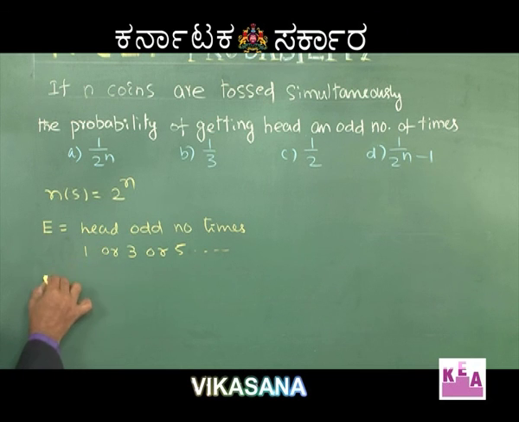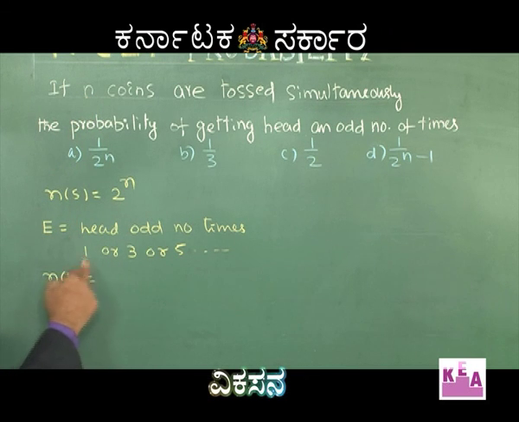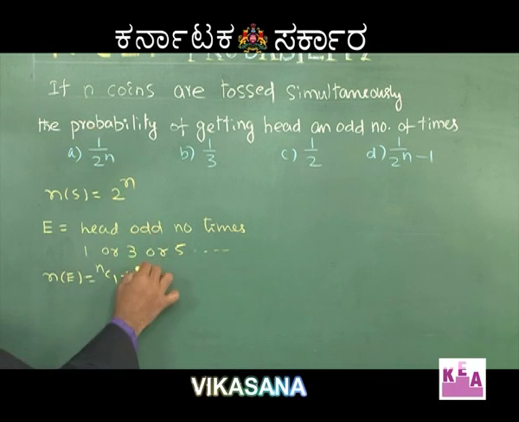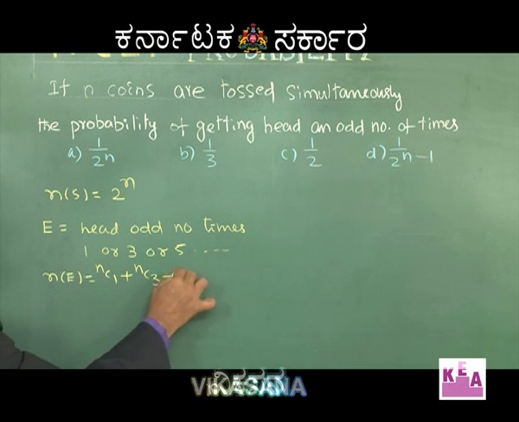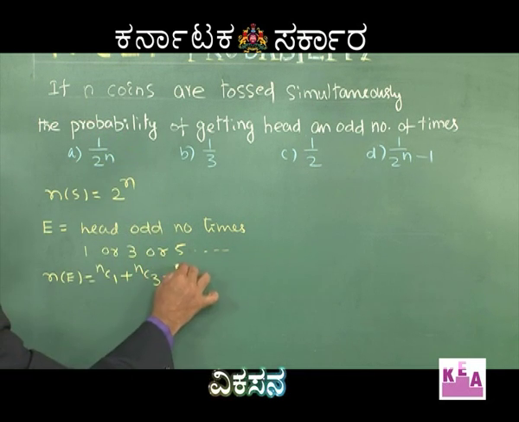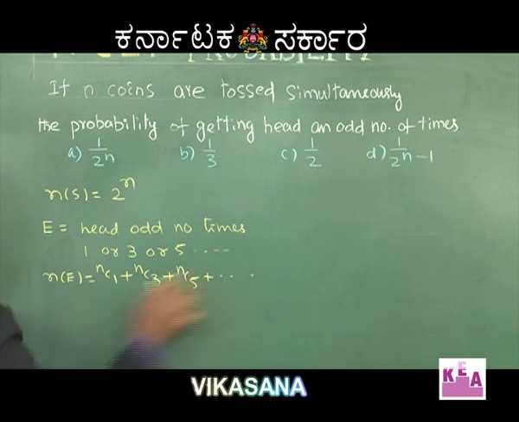So this is for the favorable cases n of E. When n coins are tossed, getting 1 head is nC1, plus; getting 3 heads nC3, plus again; getting 5 heads, plus, and so on.